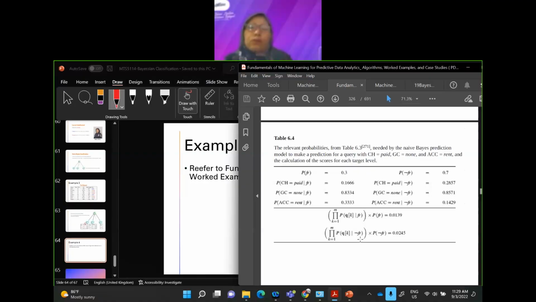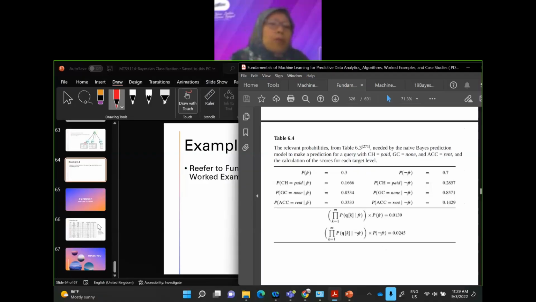The chance is 0.0245. Okay, this means the transaction is true, right? Sorry, is false, because none is greater than this. So not only one condition you compute, but all of the features you have to compute, and then you compare, right?